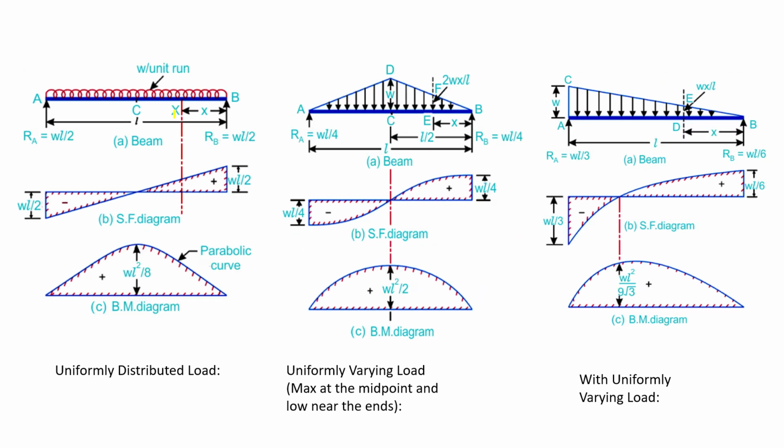Then the same simply supported beam, again the same UDL, throughout the length. Then this is the uniformly varying load where the maximum is at the center. Then this is another uniformly varying load. For these three different distributed loads, they have shown how the shear force diagram and bending moment diagram vary.